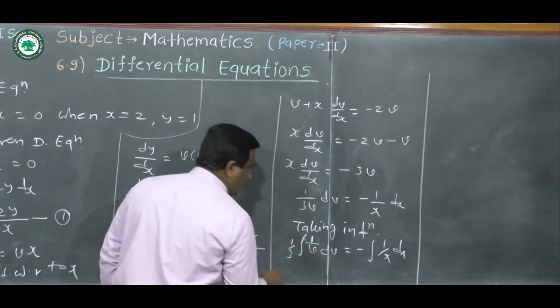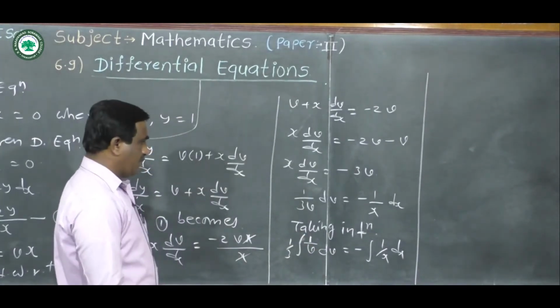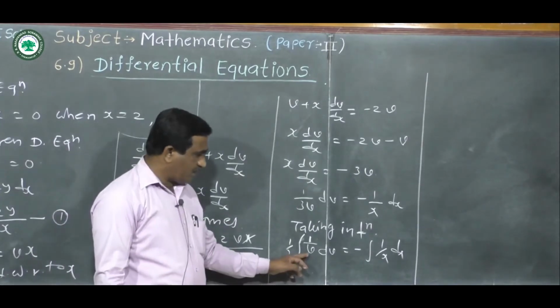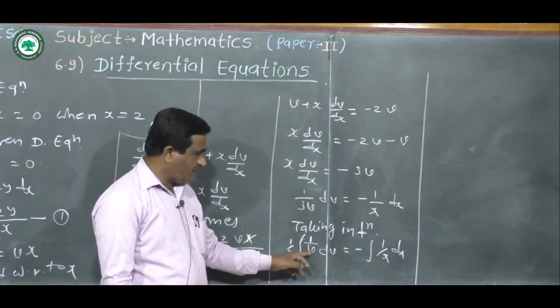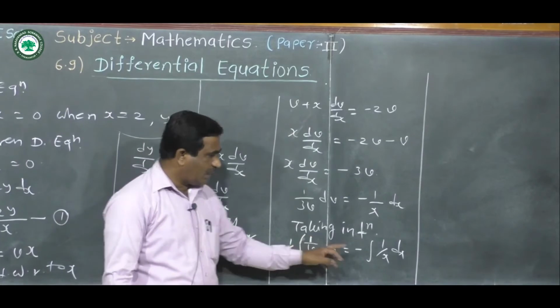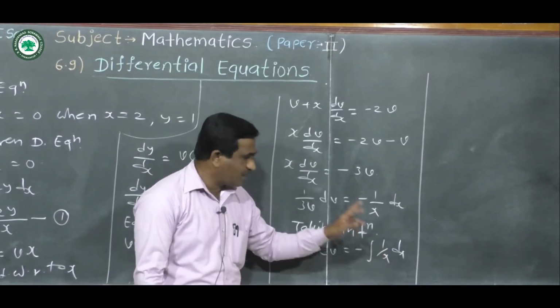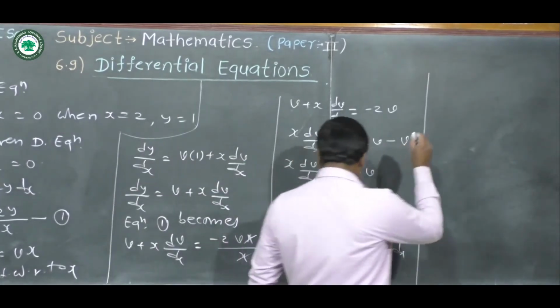Integral of 1 upon v dv. Now here derivative of denominator at the numerator. Derivative of v with respect to v is 1, and here also derivative of x with respect to x is 1. Therefore we can use here corollary.